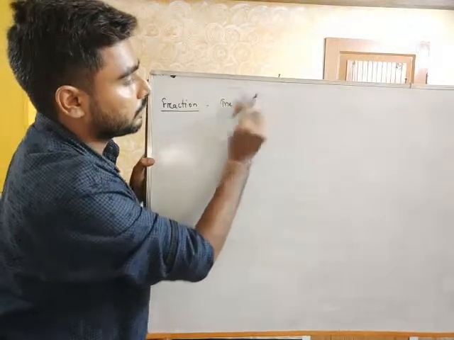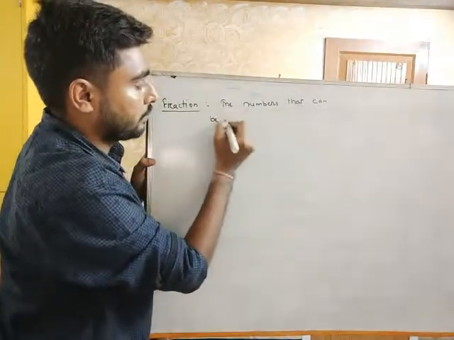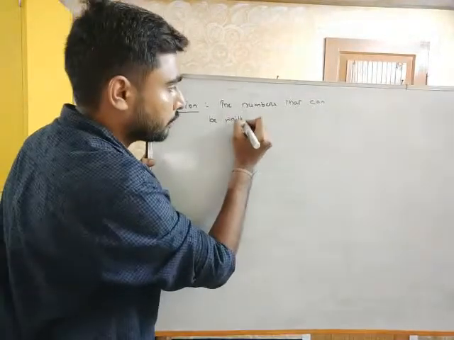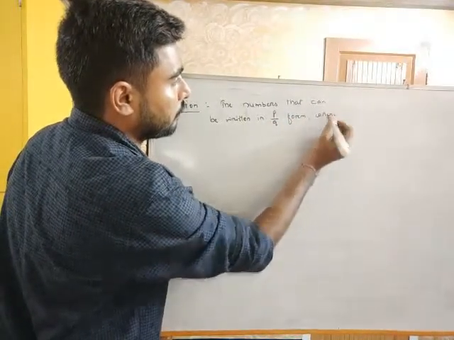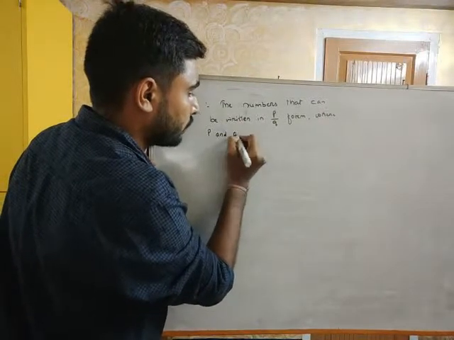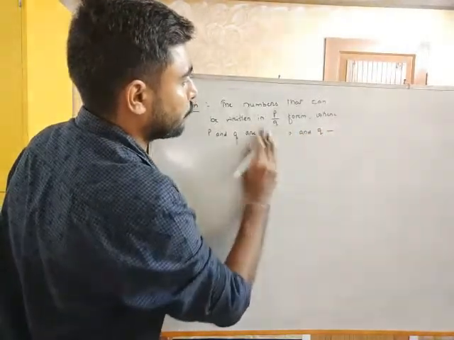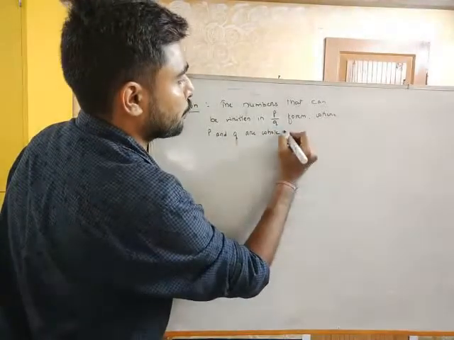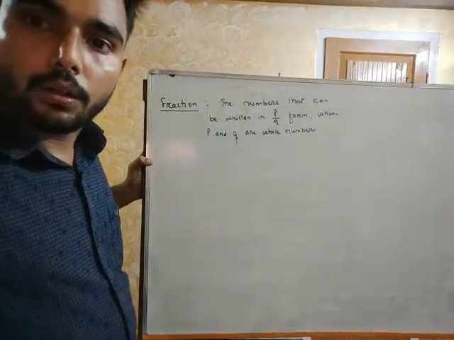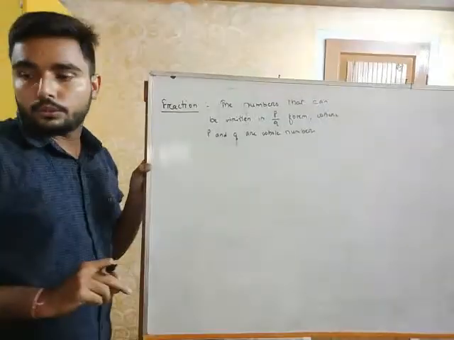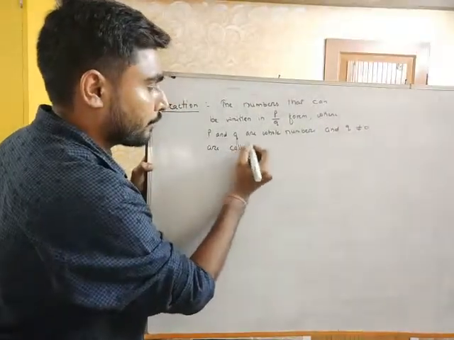The numbers that can be written in p by q form, where p and q are whole numbers and q is not equal to 0, are called fractions.